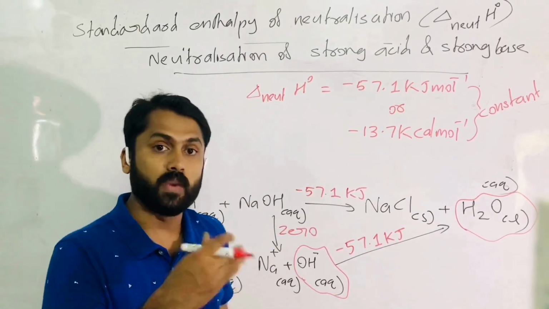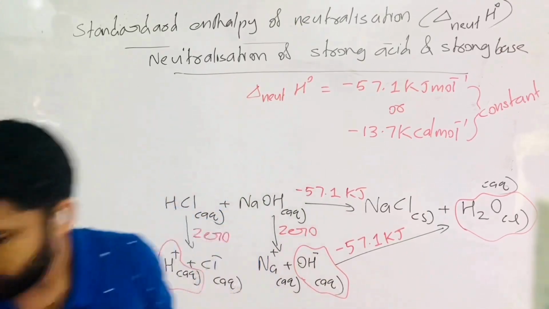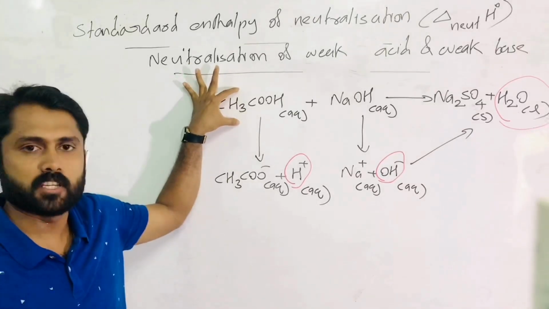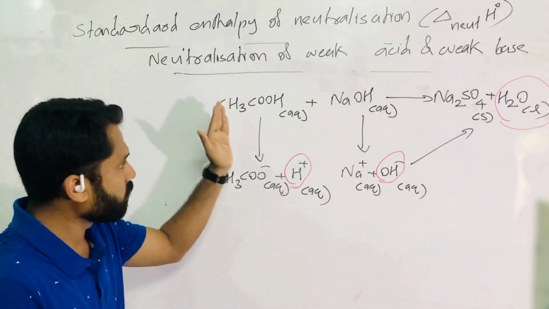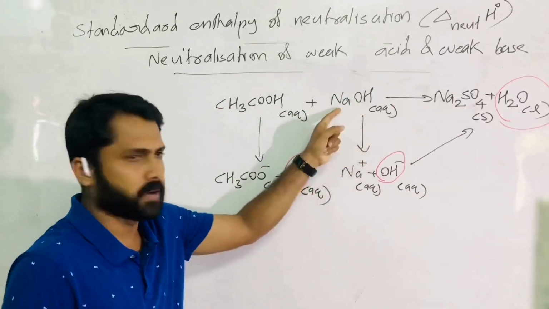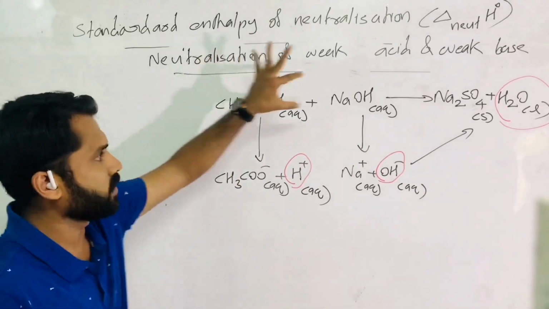If it is a weak acid or weak base, let us consider another example. CH3COOH is one of the weak acids. NaOH is a strong base. I am considering one weak acid with a strong base. It can also be a weak base. We can explain it with another example. Now, one weak acid and a strong base.